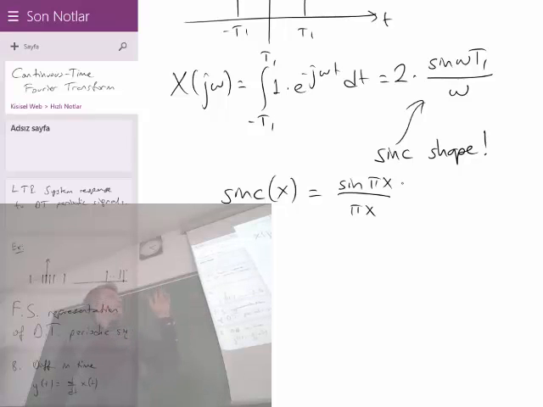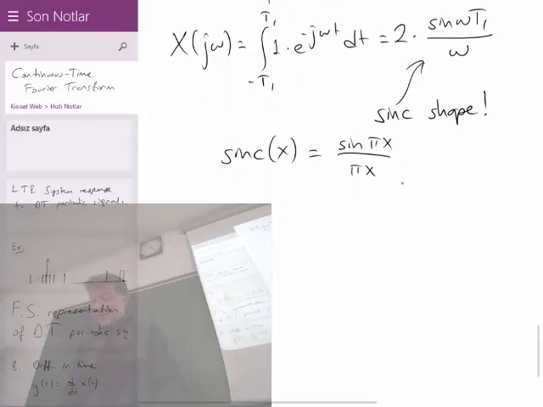So T1 times cosine 0 is T1 over 1. The whole thing converges to T1 as omega goes to 0. And since it is multiplied by 2, it is 2 T1 at omega equals 0.